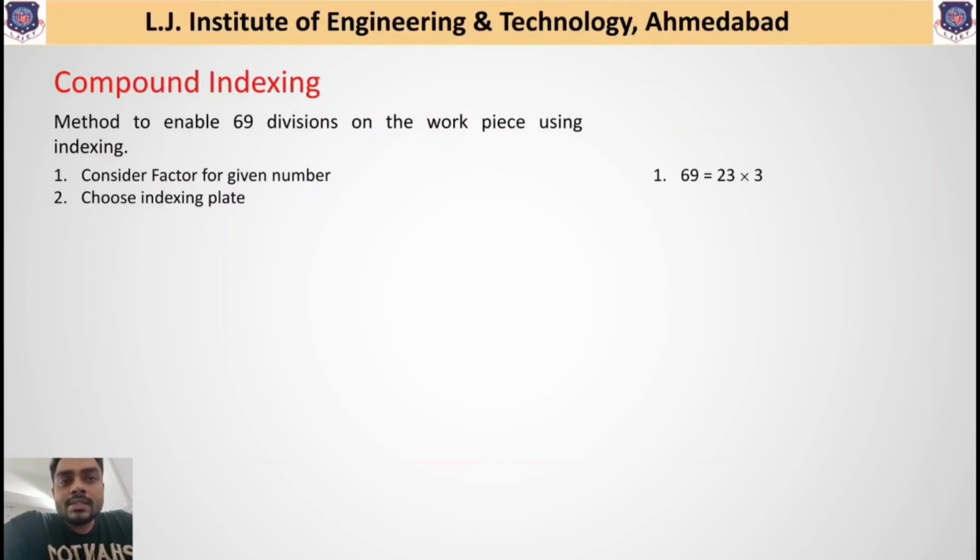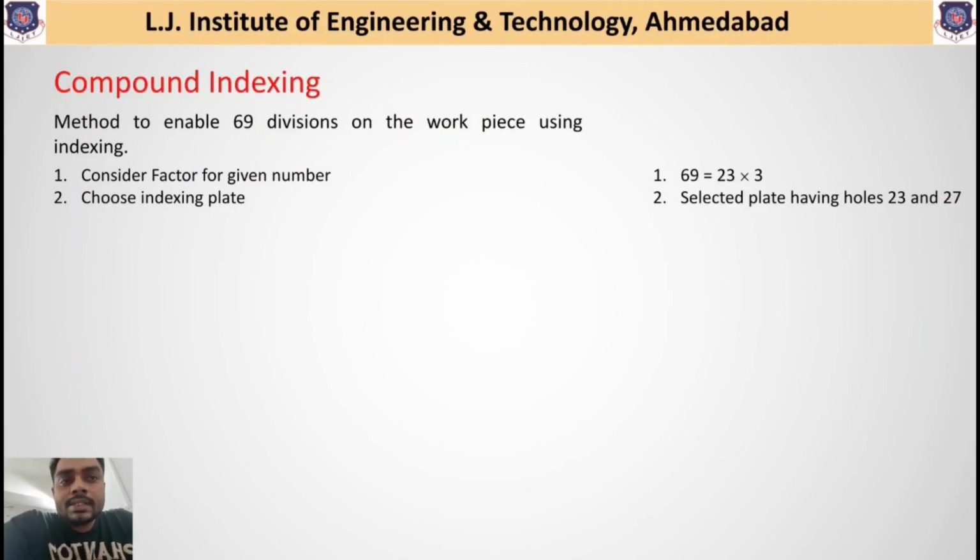That means over here the 23-hole circle is available, and after that 25 is not indicated on plate 2, so after 23 the next number of holes available is 27. So select the plate that has holes 23 and 27, which is nothing but the Brown and Sharpe indexing plate set 2. So this is our step 2.